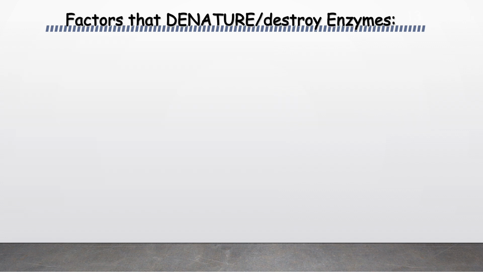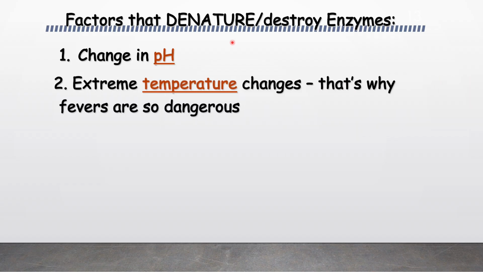There are things that can denature or destroy an enzyme, and denature is a word you guys need to be familiar with, meaning what is going to harm an enzyme. A change in pH. pH, remember, is that measure of hydrogen ions. An extreme temperature change.